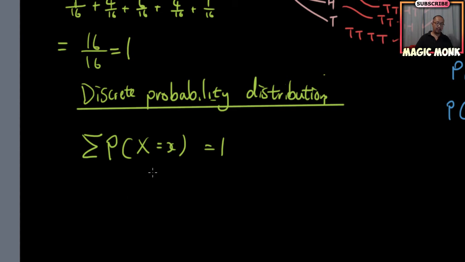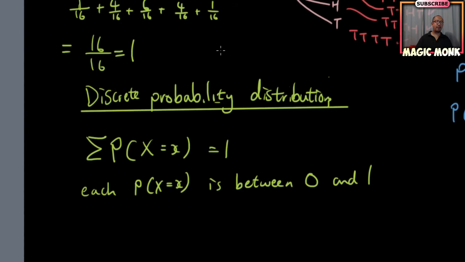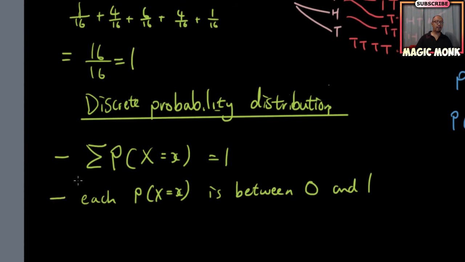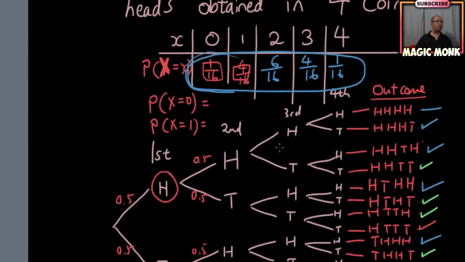Okay, and each probability is between 0 and 1. So you can see that these numbers satisfy both conditions. Each of these numbers is between 0 and 1, and they all add up together to 1.